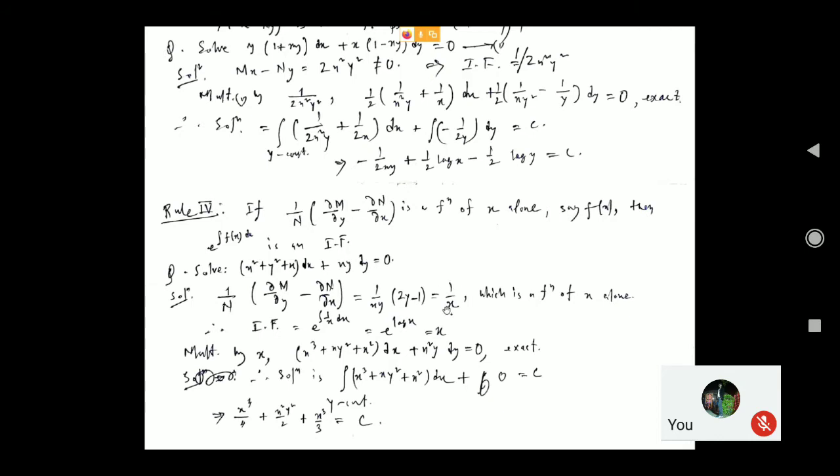Suppose that this is correct. If this expression is a function of x alone, 1 by x, then our integrating factor is e to the power integral f(x) dx. In this case, it becomes x only, e to the power ln x equal to x. So the role of the integrating factor is to make the original equation exact.